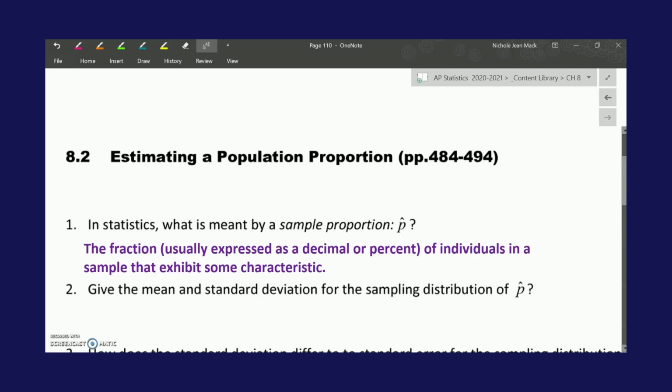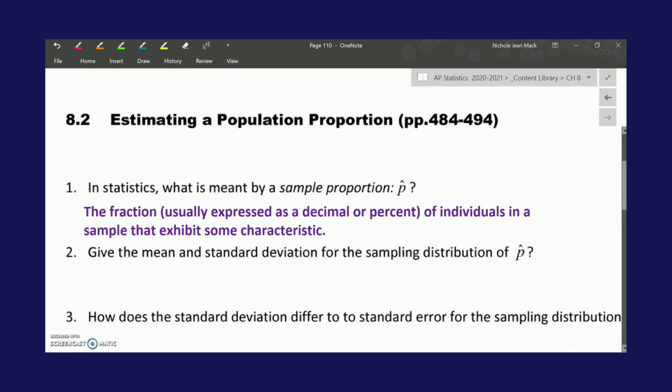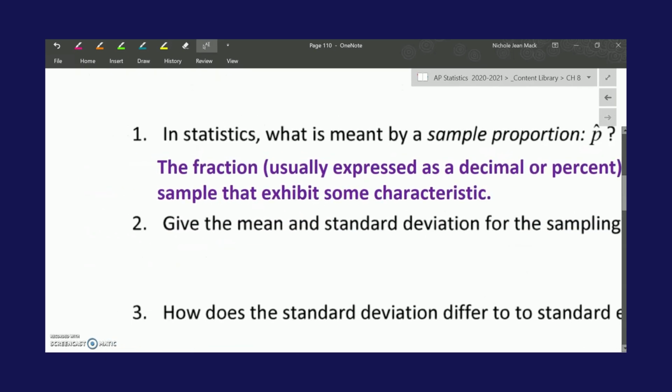Now let's talk about the mean and the standard deviation of p hat. So we need some formulas, and I need us to get in the habit of using correct symbols. So let's see what that symbol looks like for mean. I think we know that mean is mu, right? But it's the mean of p hat, so we're going to make a little subscript right there.